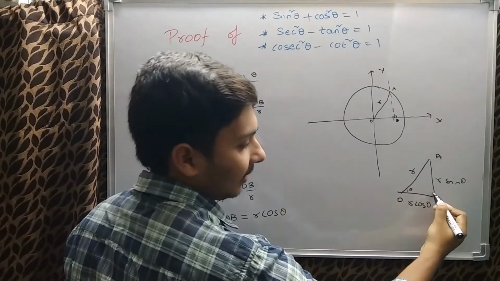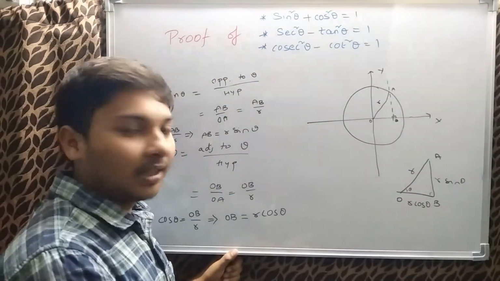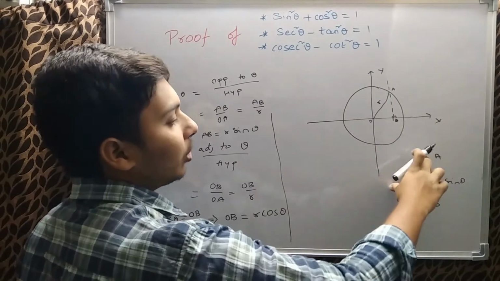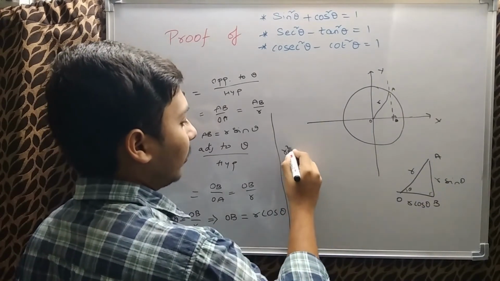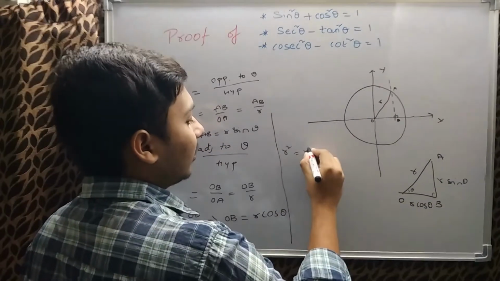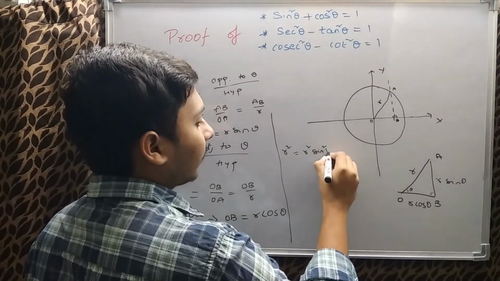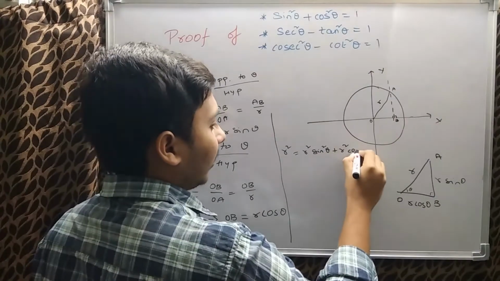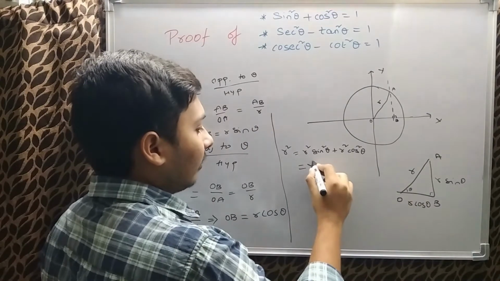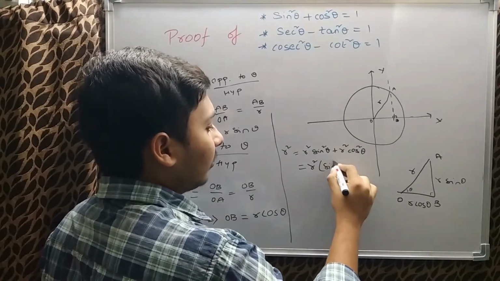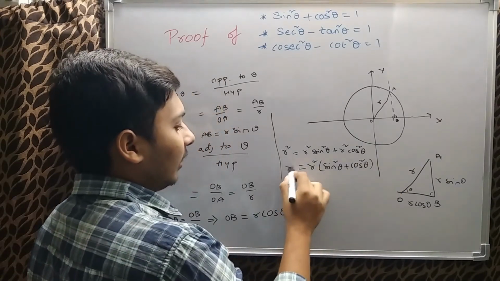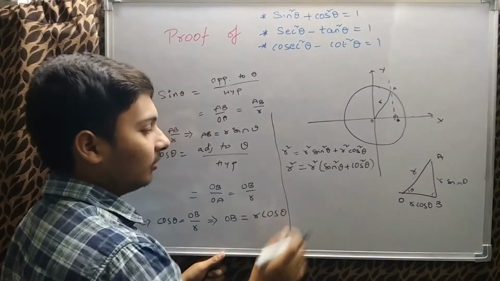Since this is a right angle triangle, we can apply Pythagoras theorem. Hypotenuse square, which means r square, is equal to sum of squares of other two sides, which means r square sin square theta plus r square cos square theta. Taking r square common, this can be written as r square into sin square theta plus cos square theta, and LHS r square.